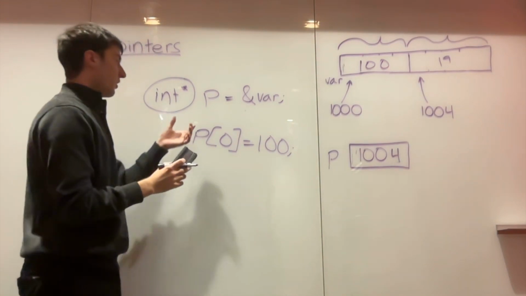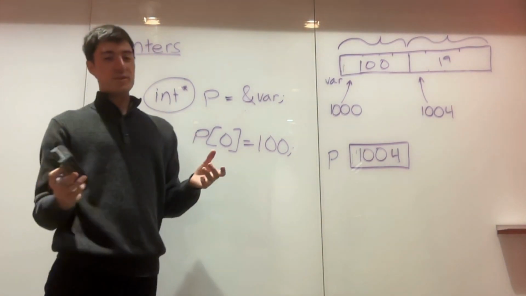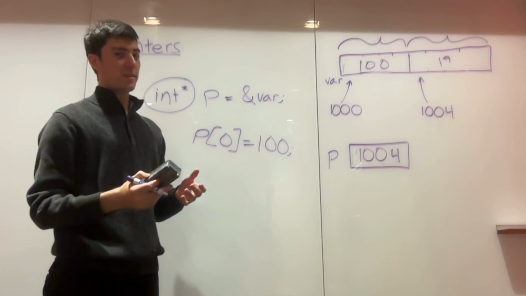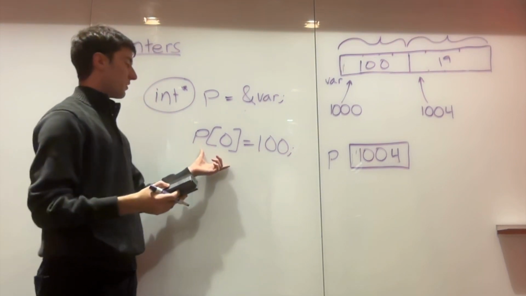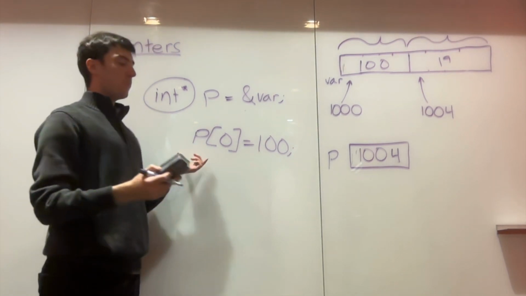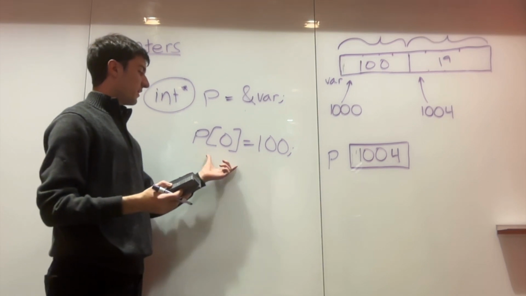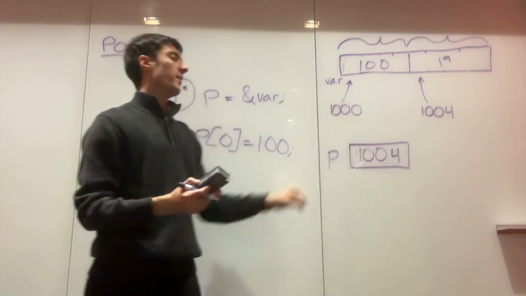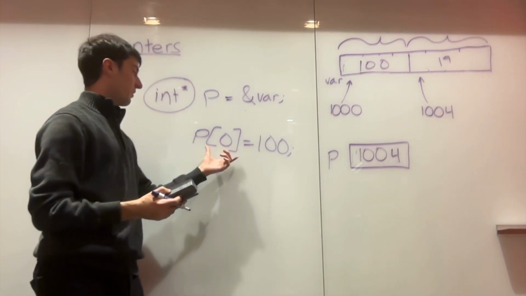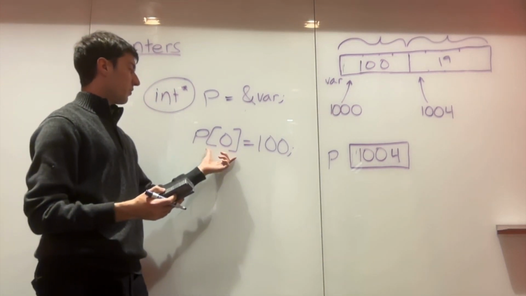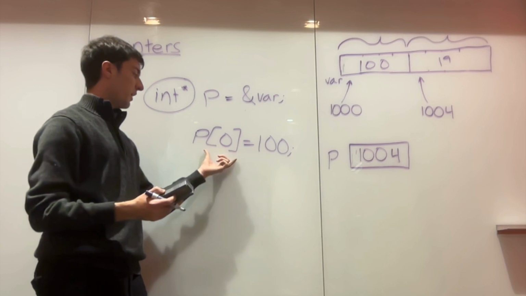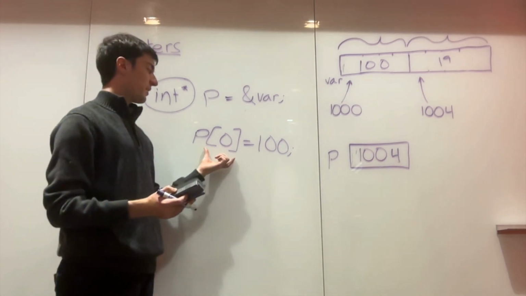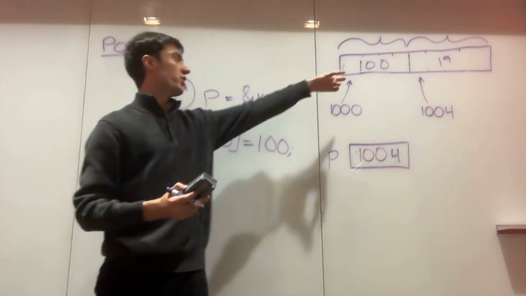Okay, so you can see it's a little bit confusing. So here's a pointer value. We used array indexing, and we didn't use the star. We just put the array indexing, and we were able to change the location.